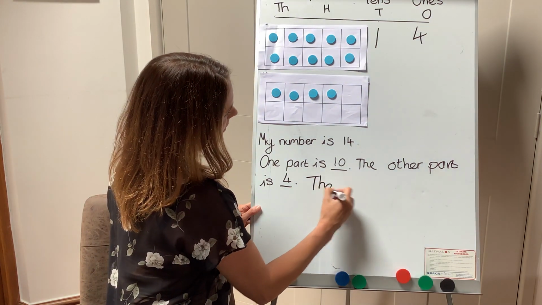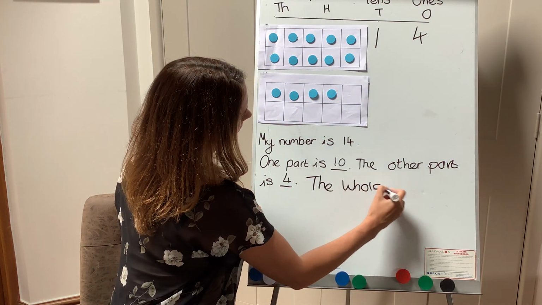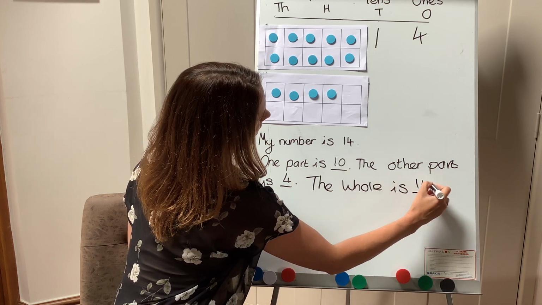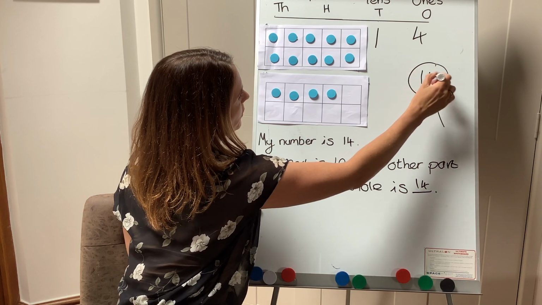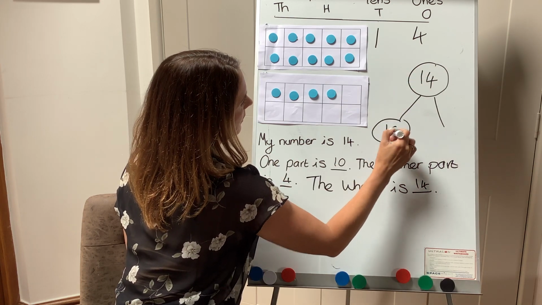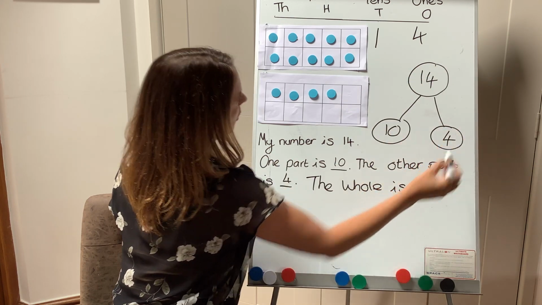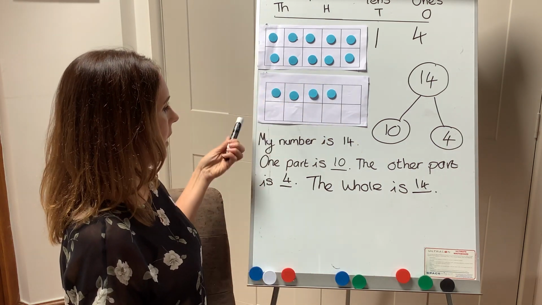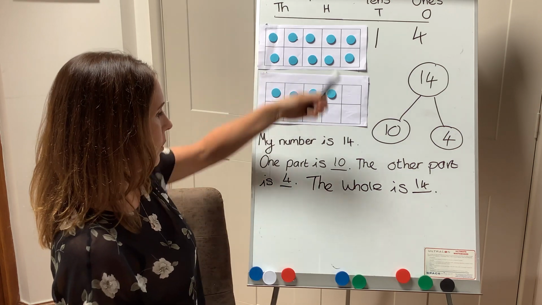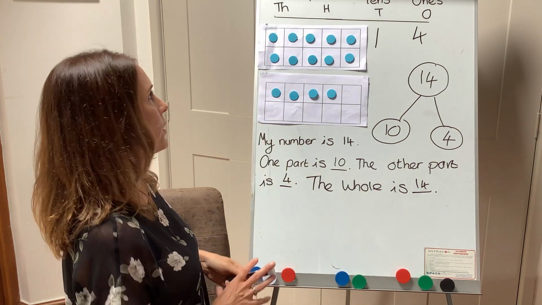The whole is 14. So if we look at that as a part-whole model, the whole is 14. We can say that it's made up of 10 and 4. We can also see that on the tens frame, one part of it is 10, the other part of it is 4, and all together the whole makes 14.